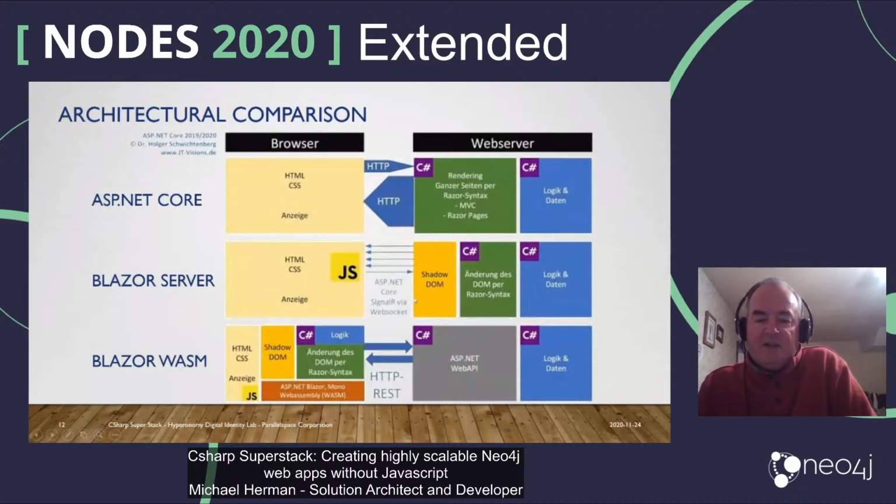With WASM, that shadow DOM is actually downloaded and maintained in the browser, because that's entirely where your application's running. You're only calling back to the server when you need data or some access to some external services.